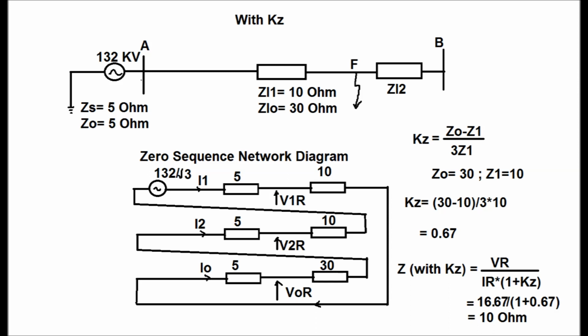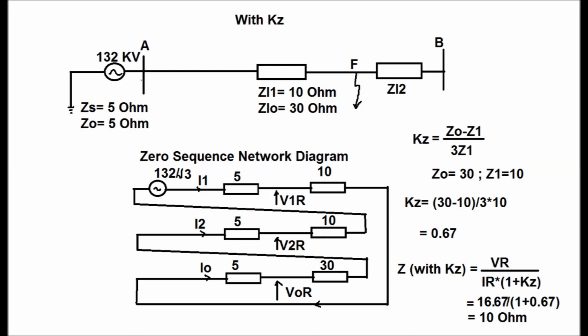So the kz factor is equal to Z0 minus Z1 divided by 3Z1. Let Z0 and Z1 be the zero sequence impedance and the positive sequence impedance of the transmission line up to the fault point, which are 30 and 10 ohm respectively. So Kz comes as 30 minus 10 divided by 3 into 10, which is equal to 0.67.